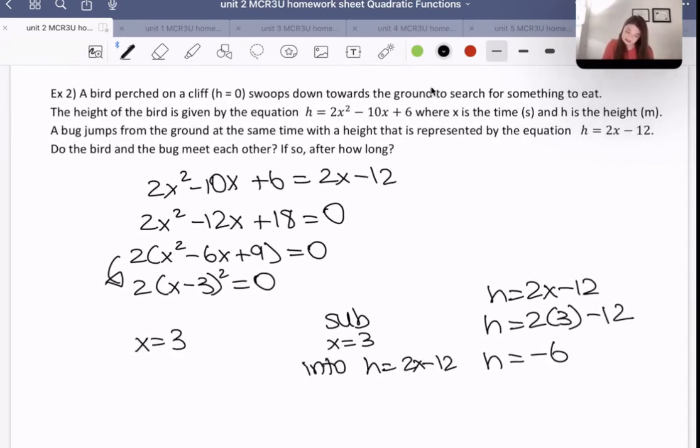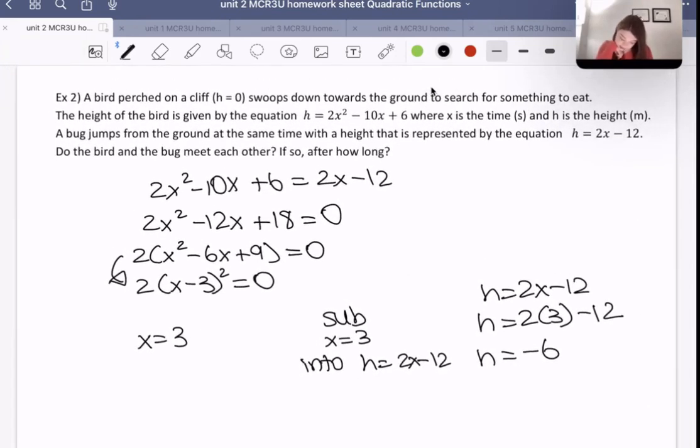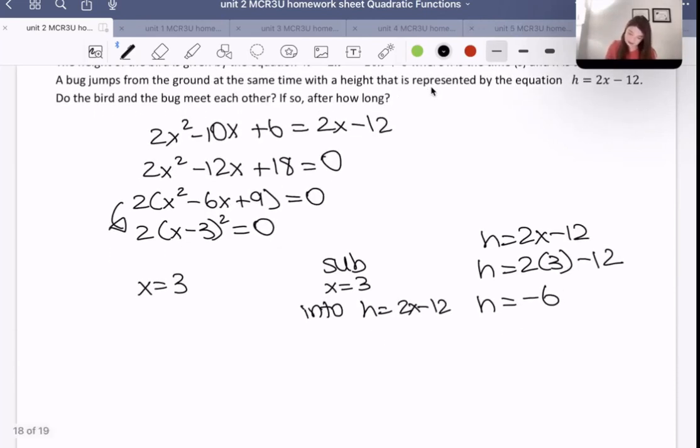Now, does that make sense? H is equal to negative 6. Did I make a mistake here? Let's see. No, this looks good. Okay. So perhaps they go underground. Okay. So perhaps they meet each other after 3 seconds when they're at a height of negative 6 relative to where they were before in this case. So let's write that into words.